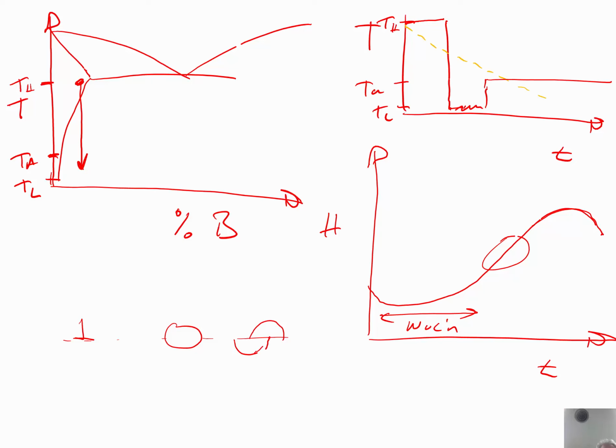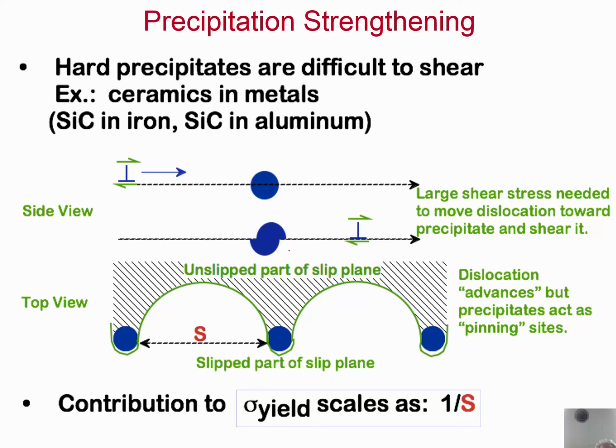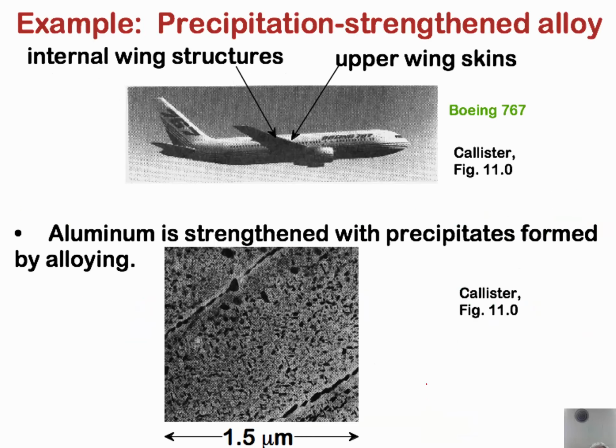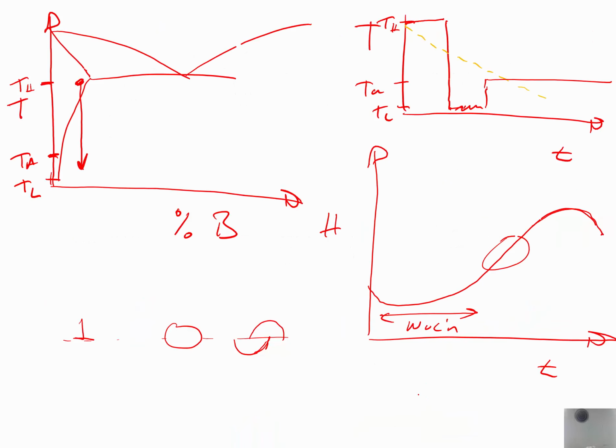And eventually they get big enough so that instead of this happening, the dislocations have to loop around it. Gives you a much higher strength. And then we eventually reach peak hardness, where the particles get large enough to resist the dislocations.